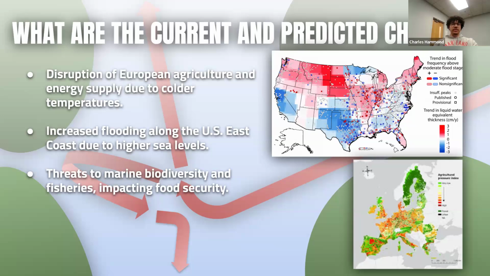Marine biodiversity is also at risk. Changes in ocean currents and temperatures could collapse fisheries, especially in regions dependent on predictable seasonal upwellings. This threatens food security, particularly for communities relying heavily on seafood. These maps show the increase in flood frequency across the US and the agricultural stress in Europe. This isn't abstract science. It's already starting to unfold.